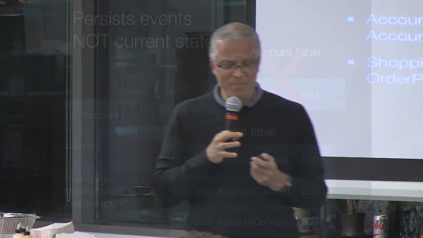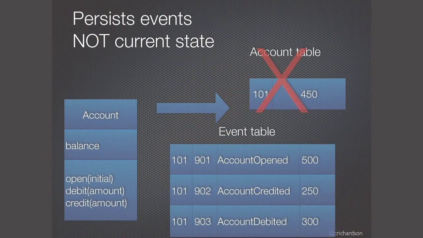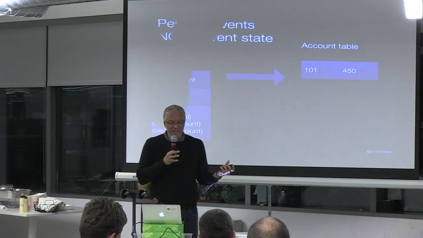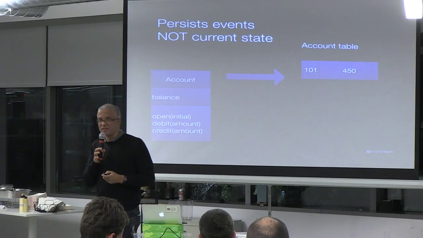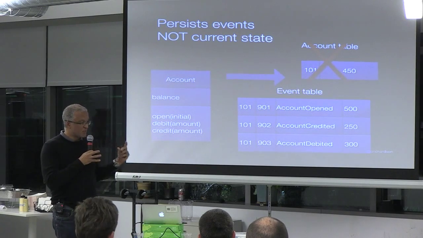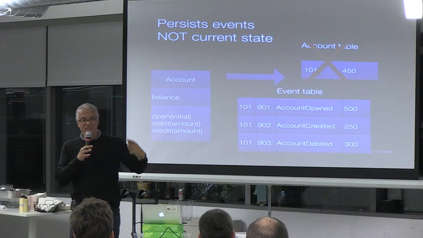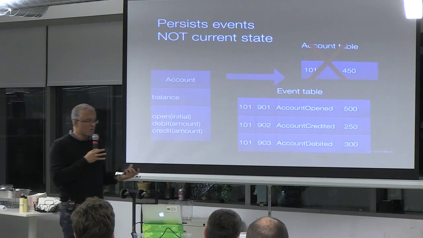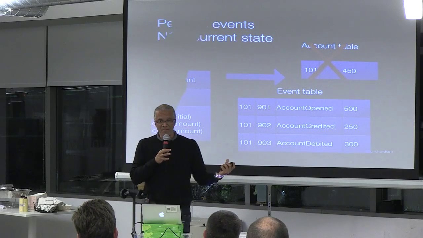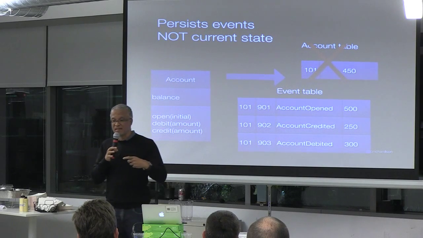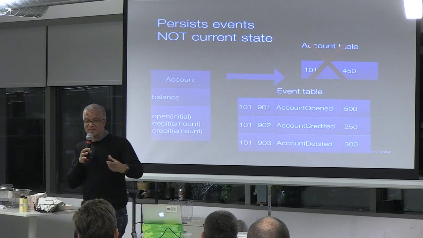But that's just the beginning. The big idea with event sourcing is that we no longer just persist the current state of an entity. You can imagine where we have an account table that's got a balance column. We don't do that anymore. Instead, we store the sequence of state-changing events for each entity. So for an account, it was opened with a certain balance, then it was credited by a certain amount or debited by a certain amount.